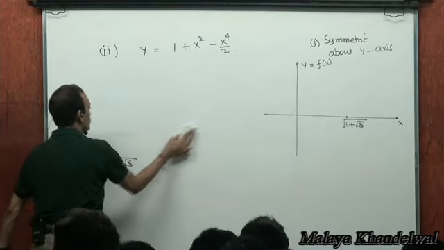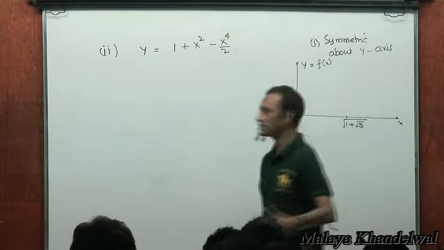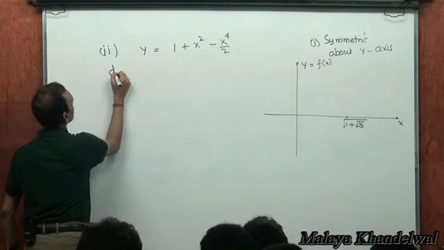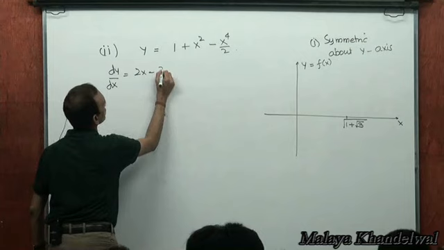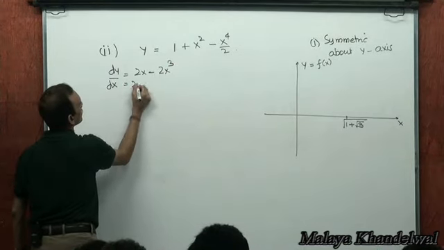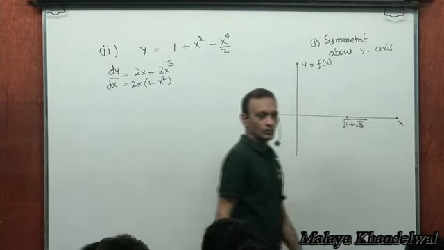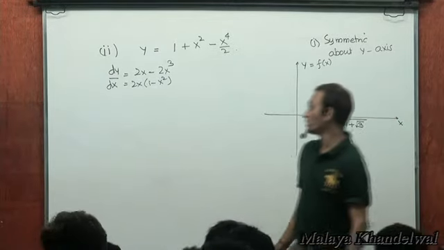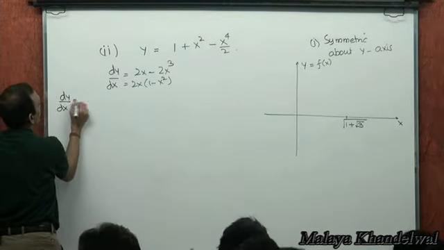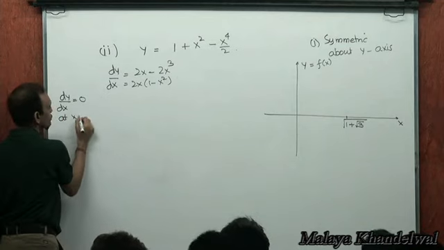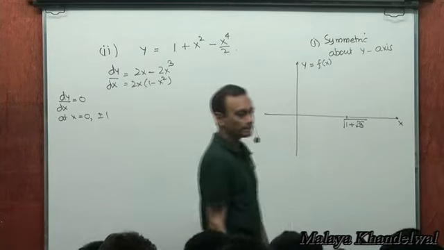Now, let me check for critical points. dy/dx is 0 at x equal to 0 and plus minus 1.